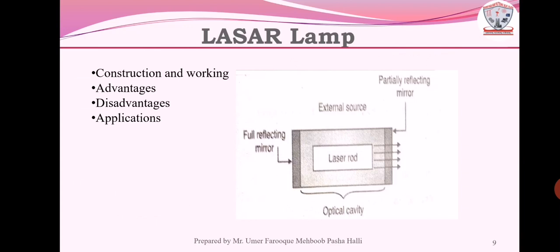Laser means light amplification by stimulated emission of radiation. Consider an atom: when external energy is applied, its electron jumps from the lower energy state to a higher energy state. This electron emits electromagnetic radiation and light.